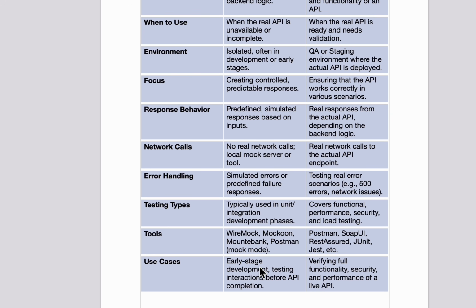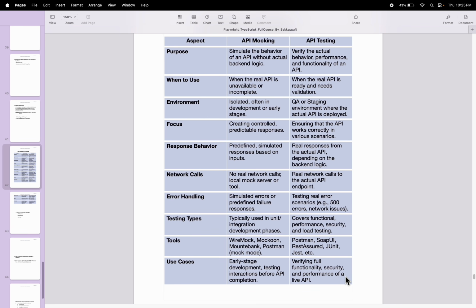In case of API mocking, early stage development, and you can test the interactions between the APIs before the API is completed for real-time use. But in case of API testing, we are verifying the full functionality of the API with respect to the security and performance of a live API.